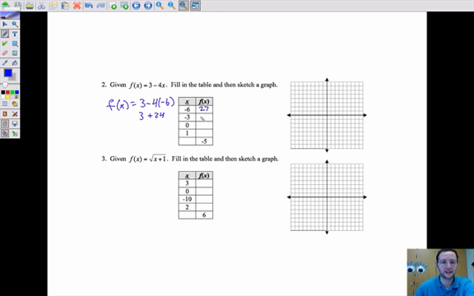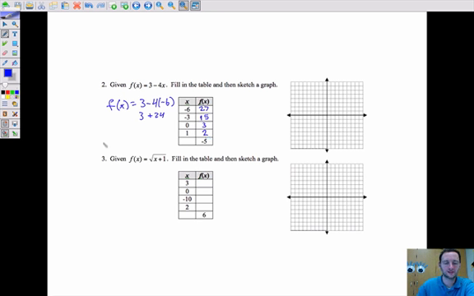If I put in a negative 3, negative 4 times negative 3 is 12, plus 3 is 15. If I put in a 0, that's just 3. And if I put in a 1 right here, that's negative 4 times 1 is negative 4, plus 3 is negative 1.